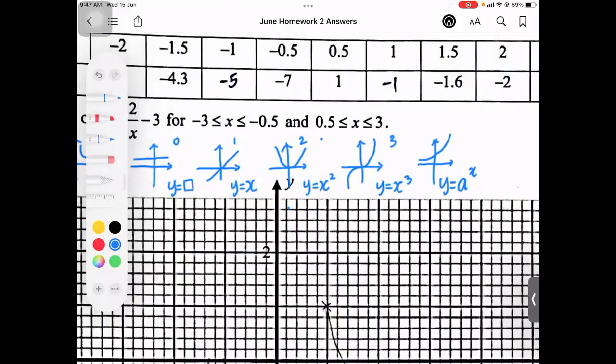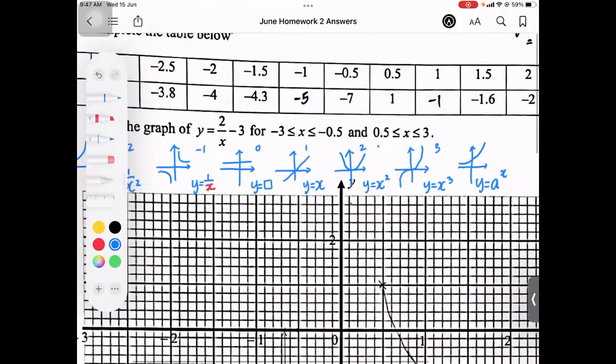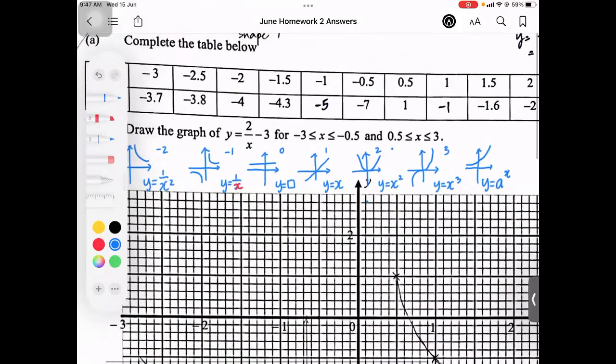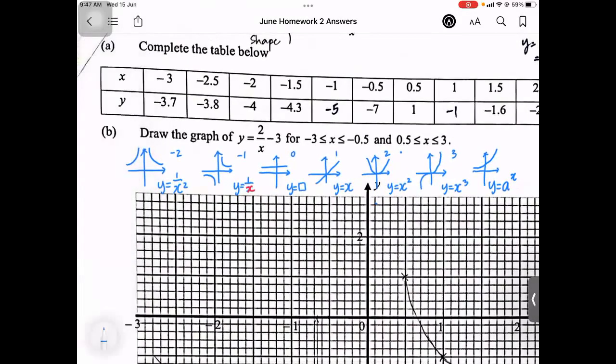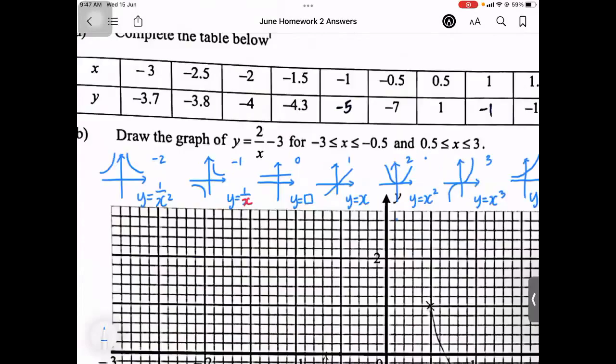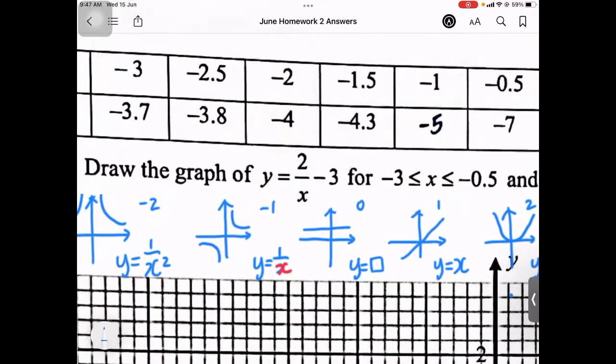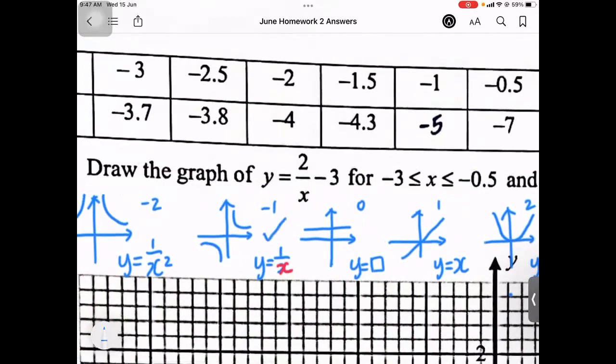Okay, so this graph, you must know the shape and be able to understand what is the shape. So when they ask you to sketch, to draw, to plot, you know in your brain mentally what is the shape about. Okay, so this graph over here, y equals to 2 over x, definitely will be this kind.